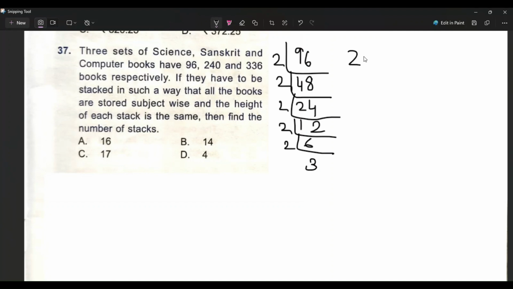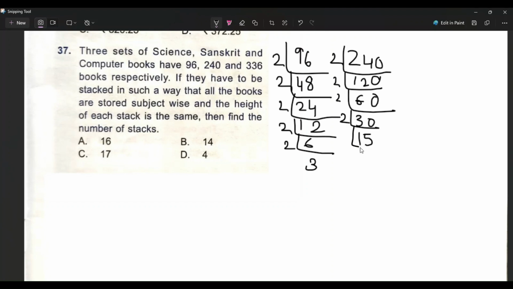Now 240: 2 1s are 2, 2 2s are 4, 2 0s are 0, 2 6s are 12, 2 0s are 0, 2 3s are 6, 2 0s are 0, 2 1s are 2, 2 5s are 10, 3 5s are 15.